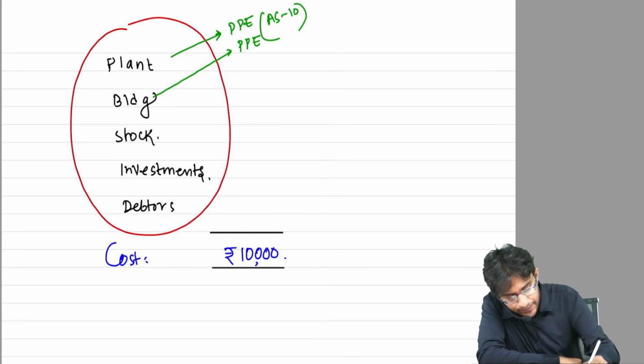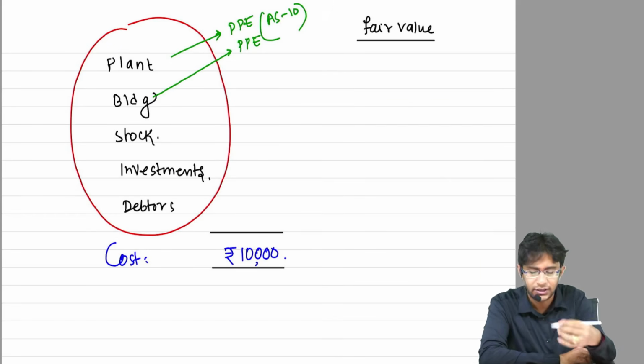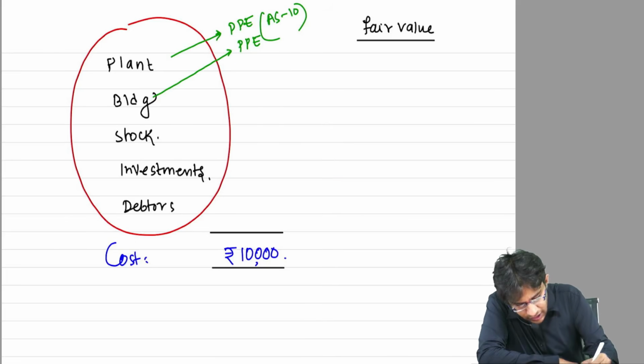What it says is, go and work out the fair values of each item. What is the meaning of fair value? If you sell off the asset in the market, how much will you get? Plant, building, stock, investment, debtors individually. So let's say, if I sell off the plant, I'll get 3,000. If I sell off the building, I'll get, let's say, 2,000.